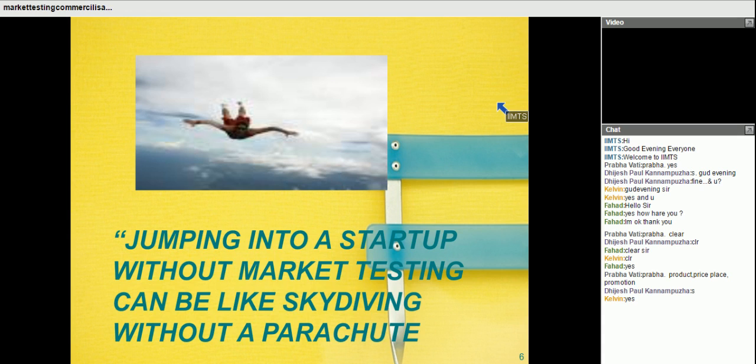Okay, let's see this image and read the quote. Jumping into a startup without market testing can be like skydiving without a parachute, right? So if we directly jump into the market without understanding the market sentiments, it will be similar to skydiving for the first time without a parachute.